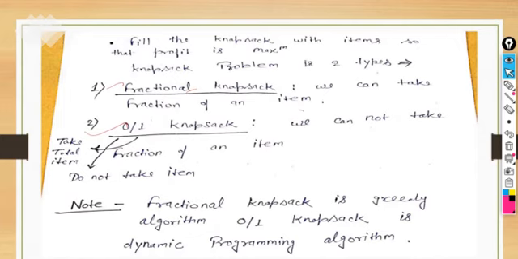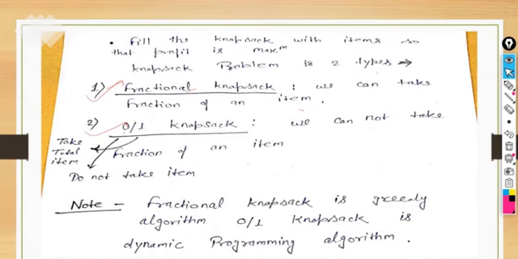Whatever items we are putting into the bag, we can divide those items, like any grocery thing such as dal, rice, milk, fruits, vegetables. If items are in a fractionable mode, then you can directly apply the fractional knapsack problem. That is based on the greedy approach.